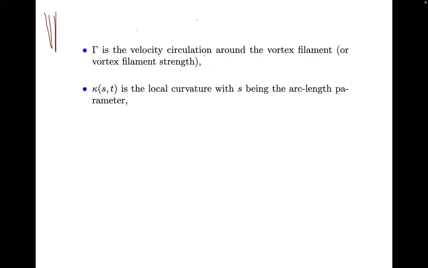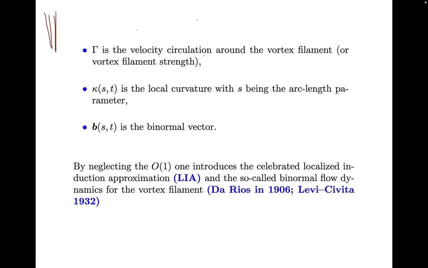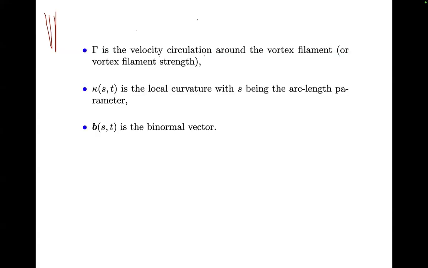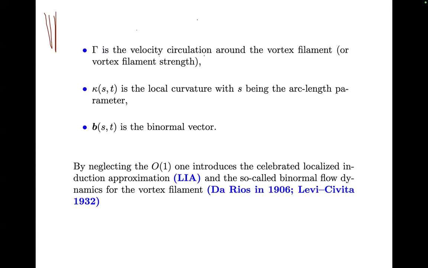As I said, gamma is the vorticity, kappa is the curvature, B is the binormal. If you neglect the O(1), what you obtain is what is called the localized induction approximation, obtained by Da Rios in 1906, a long time ago. Da Rios was a student of Levi-Civita, and Levi-Civita was very much involved in this business until the 30s.